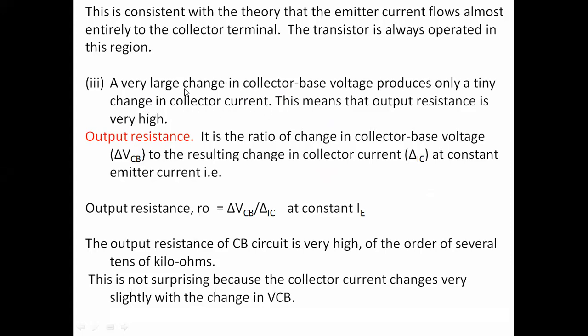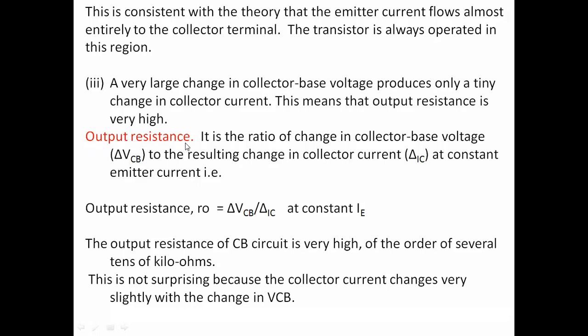It means it is offering very high resistance. So from the output characteristics you can find out the output resistance. Output resistance is very high.